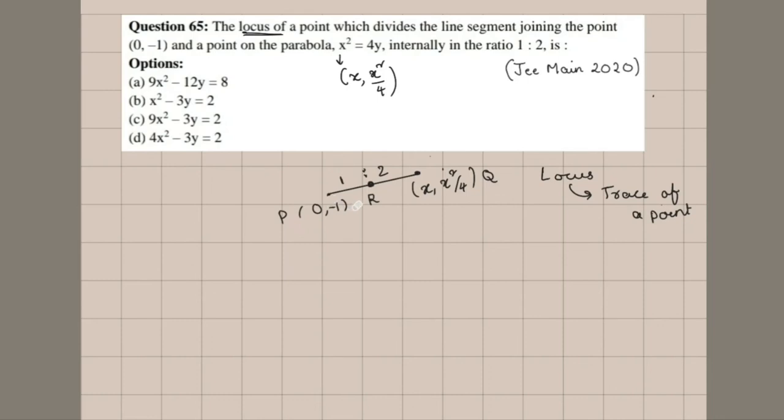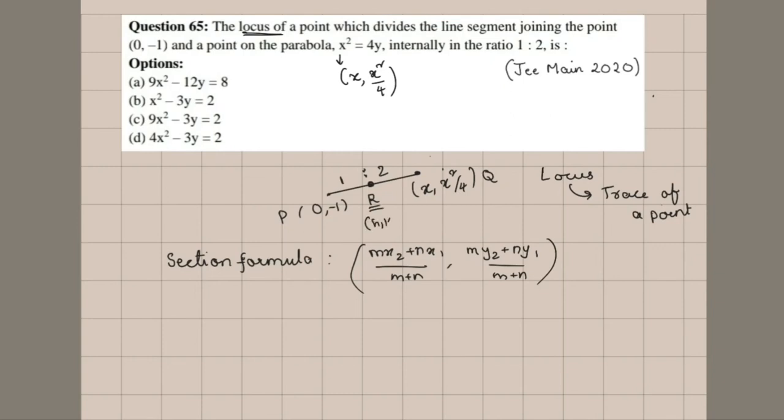So now we need to use the section formula. Section formula is nothing but, we have seen in the lecture 1, mx2 plus nx1 by m plus n, my2 plus ny1 by m plus n. This is so simple. You have learnt this section formula in 10th standard also. So we need to find the R point. Let's say R is some h, k. So R in a 1:2 ratio.